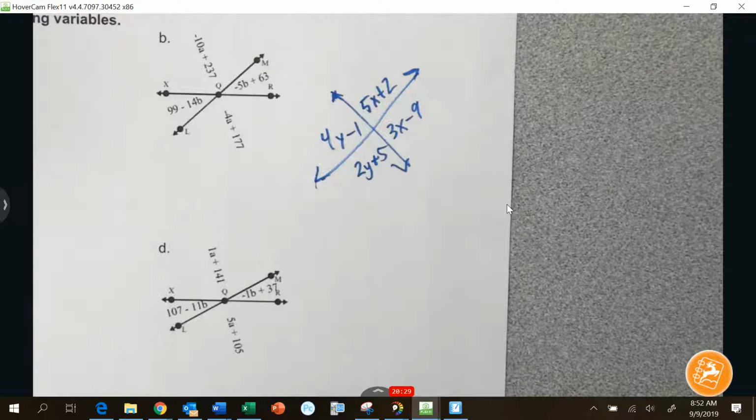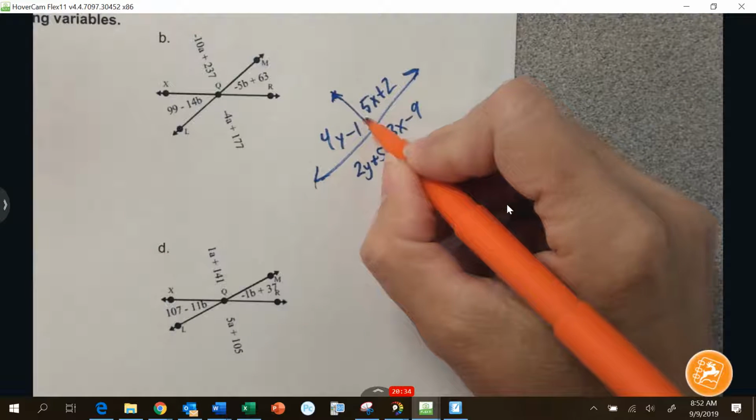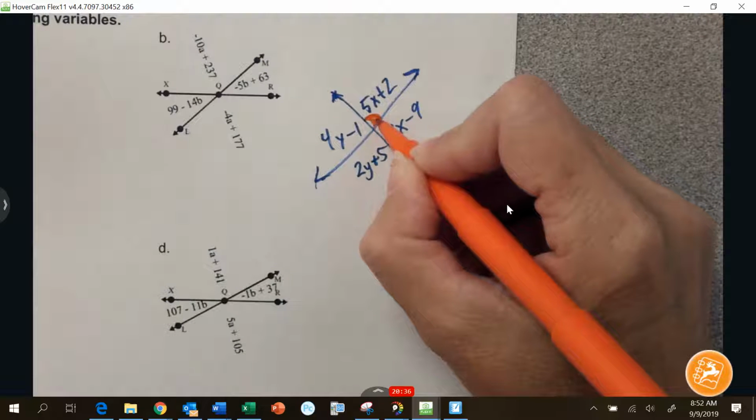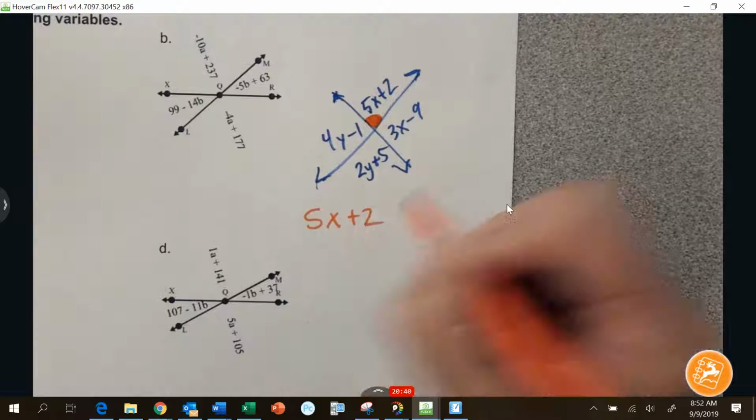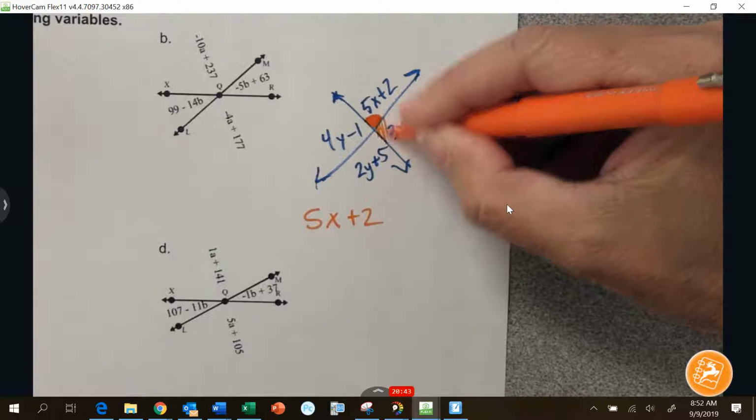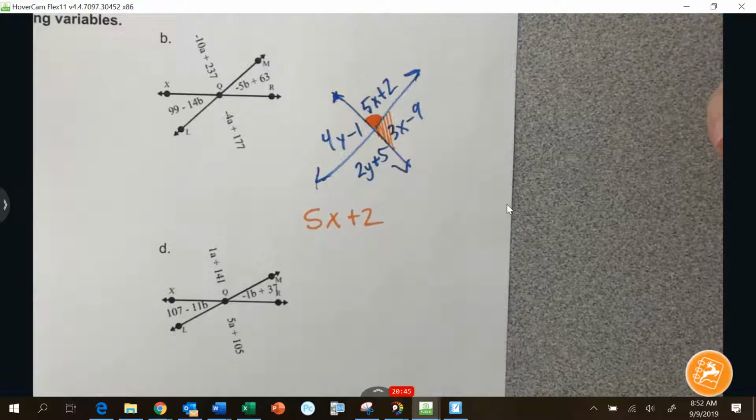Can you read my handwriting good enough? Can you find where my x's are? Here's 1x, 5x plus 2. And then my other x is right next to it, 3x minus 9. So tell me something about these two angles.